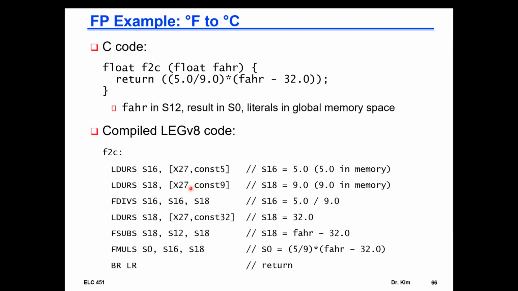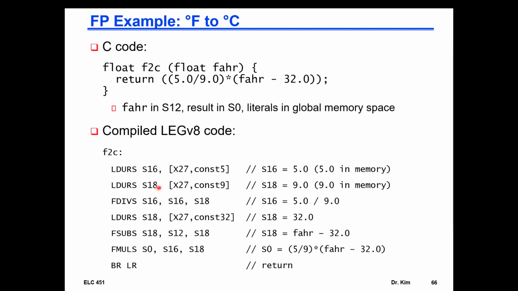Then this does the division, 5 divided by 9, because we loaded those in these two registers, and we put that result in floating point single precision register 16. Then we load another constant with its displacement, floating point value 32, and put it in register 18.